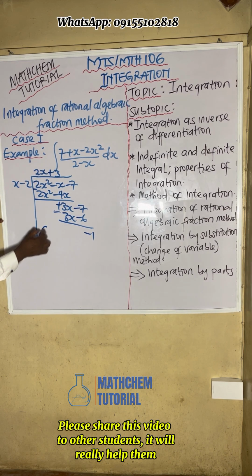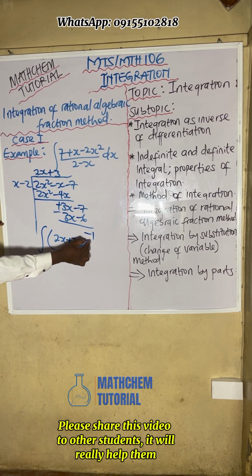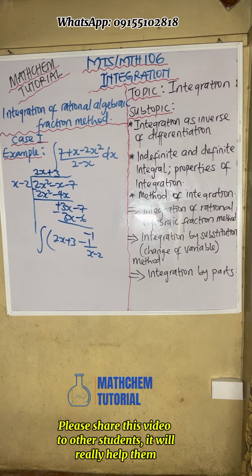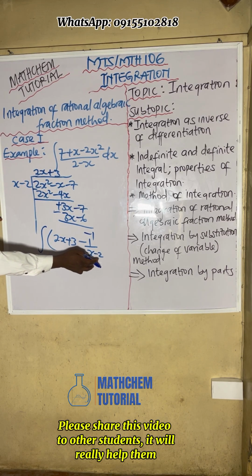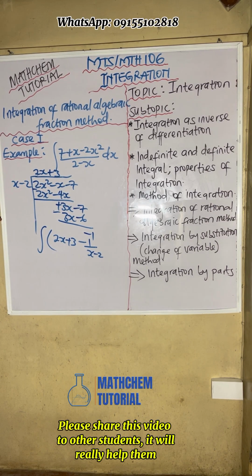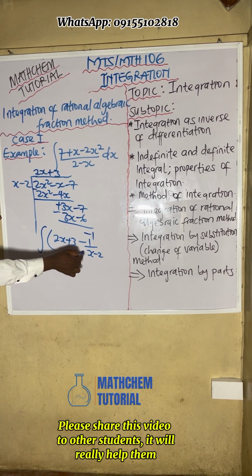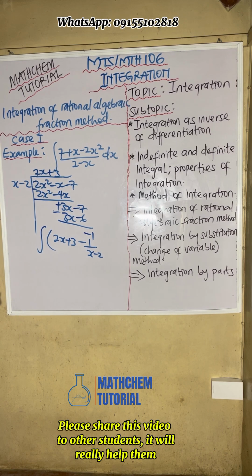We can now rewrite the question properly. The integral becomes 2x plus 3, then minus 1 over x minus 2. Even if we want to reverse this back based on what they gave us, if the 2 comes first, it will be minus 2 plus x, and if you divide through by minus, you still get 2 minus x.